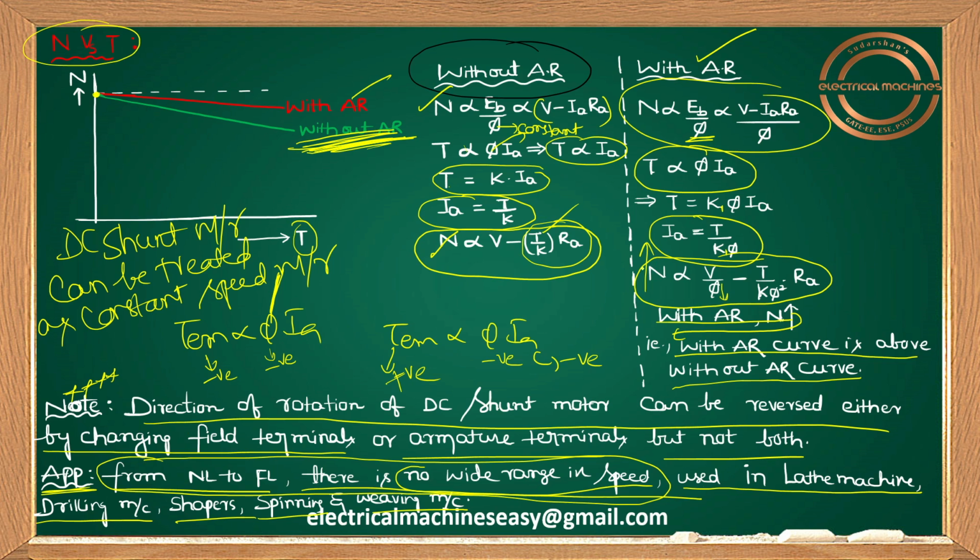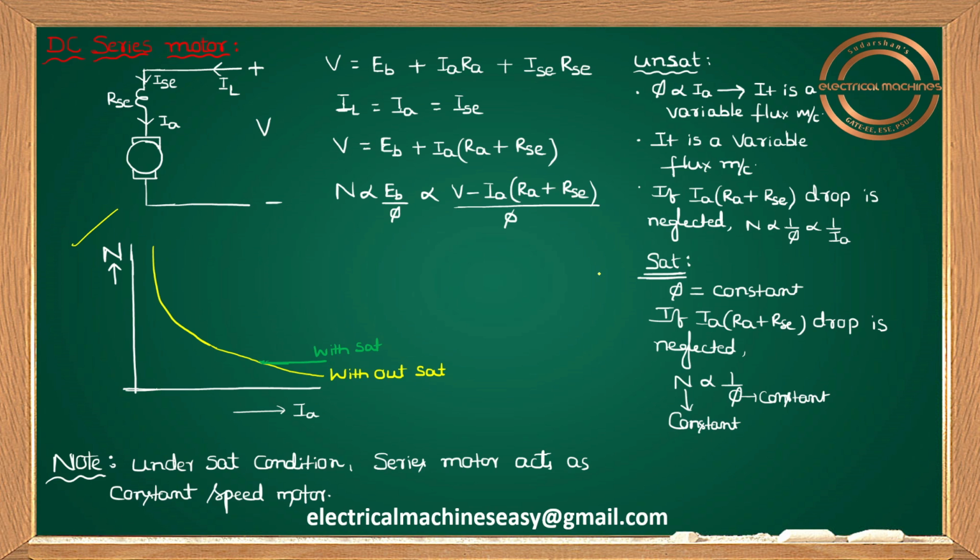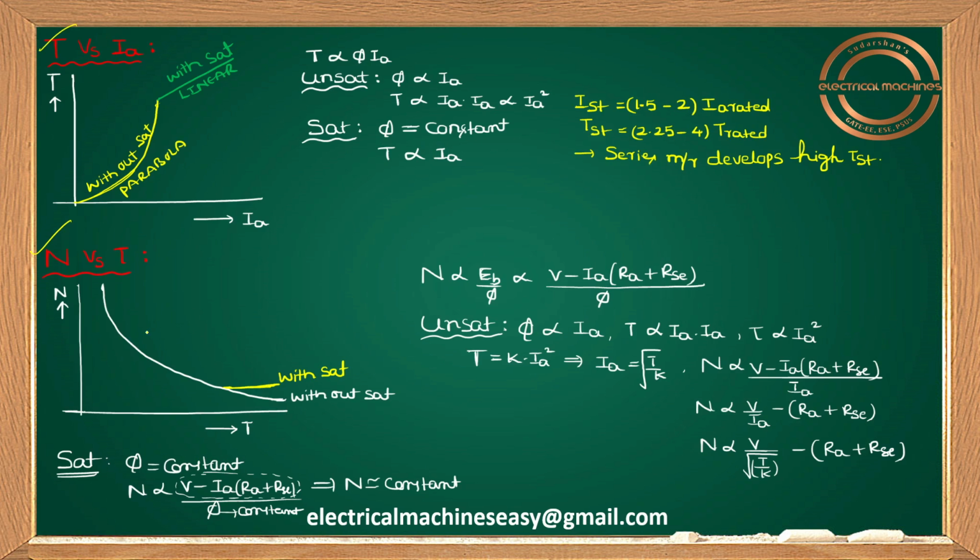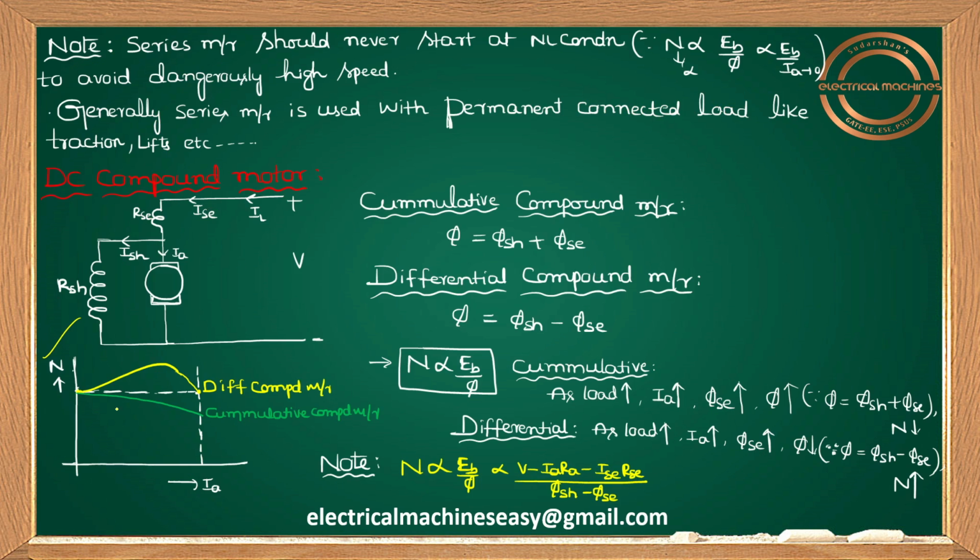Okay, guys. So this is about the characteristics of a DC shunt motor. In the next video, I'll proceed to explain the characteristics of a DC series motor. For the DC series motor also I will discuss N versus IA, T versus IA, and N versus T, and for the DC compound motor also the same thing.